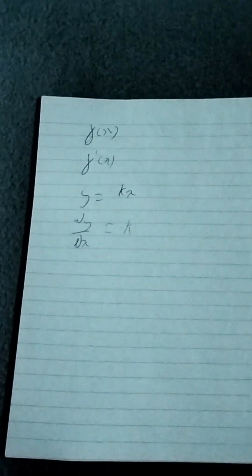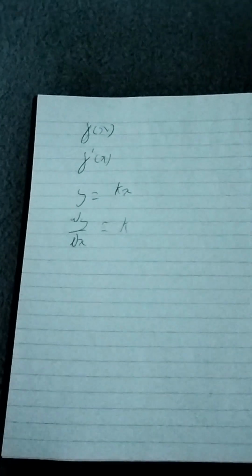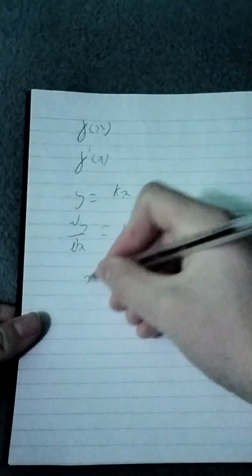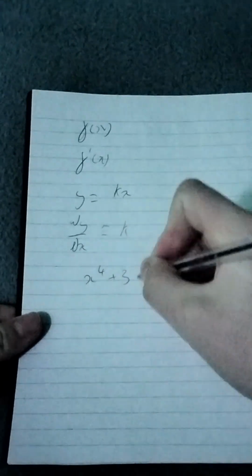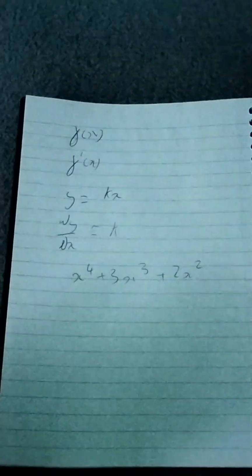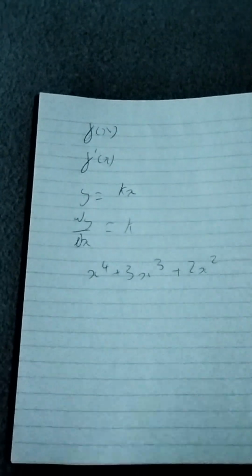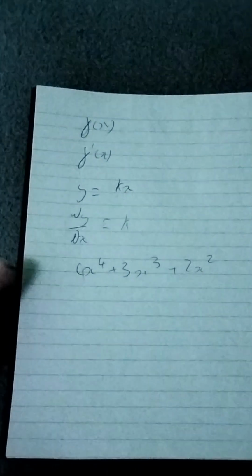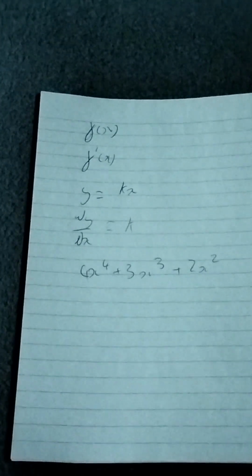Now is later. We are differentiating polynomials. That is, if we have x to the 4 plus 3x cubed plus 2x squared. Actually, let's make it nice and put a 4 there. Realistically, you can have anything.